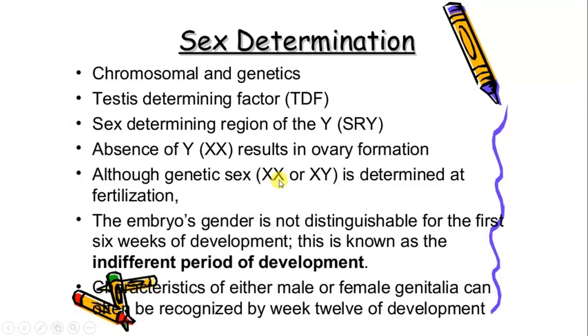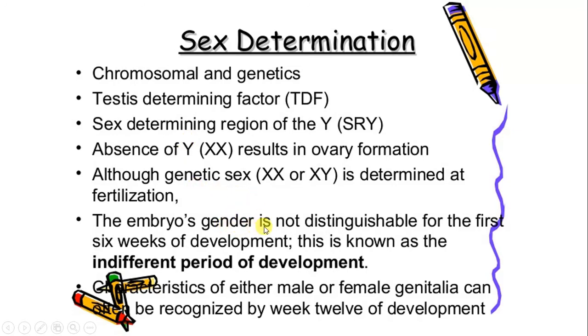Although the genetic sex, XX or XY, is determined at the level of fertilization, later in the development of the embryo, whether it will develop into male or female depends on the presence of the Y chromosome.